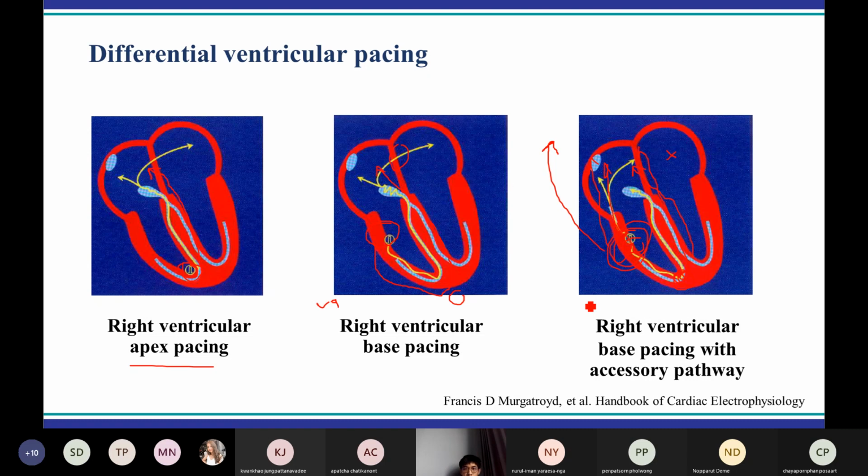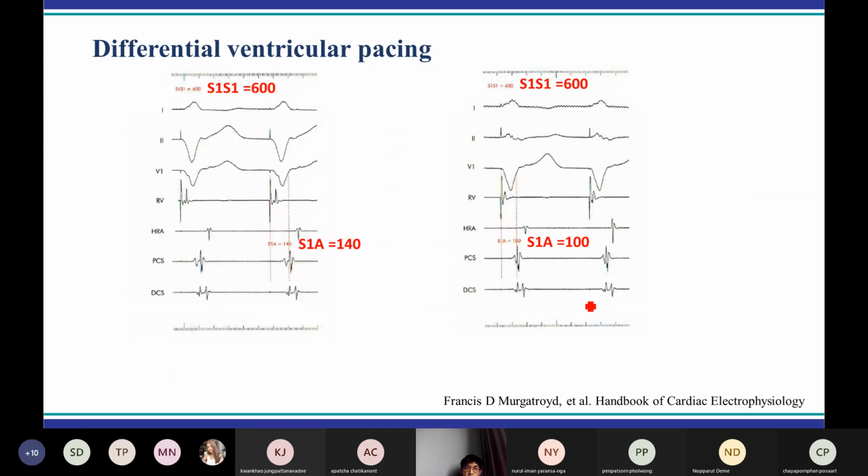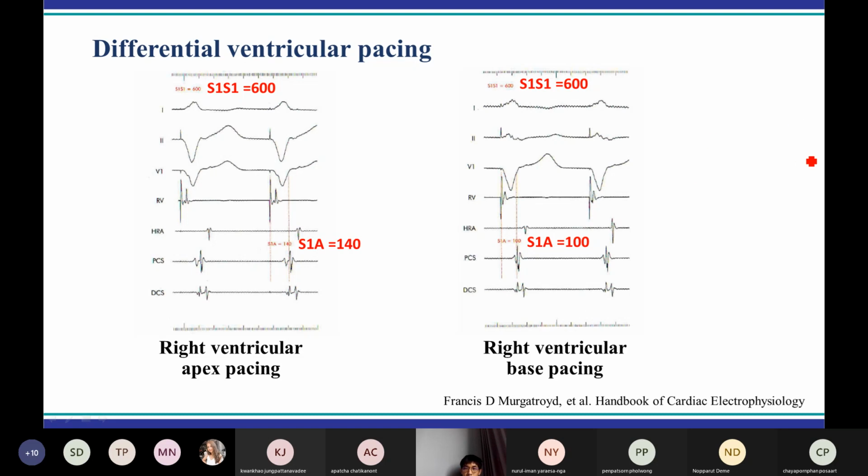Yes. Okay. So this is the example. Here is when you pace from the RV apex. The S1 to A, the VA is 140. And here is when you pace from the RV base.